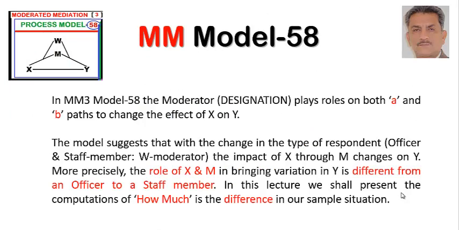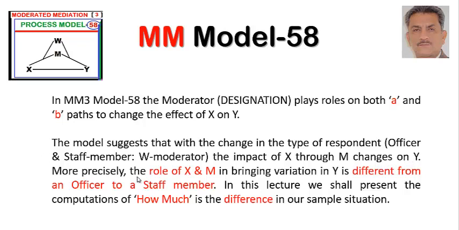In MM3 model 58, the moderator designation plays a role on both A and B paths to change the effect of X on Y, and these are the indirect effects of X on Y. The model suggests that with the change in the type of respondent, officer or staff member, as a moderator, the impact of X through M on Y changes.